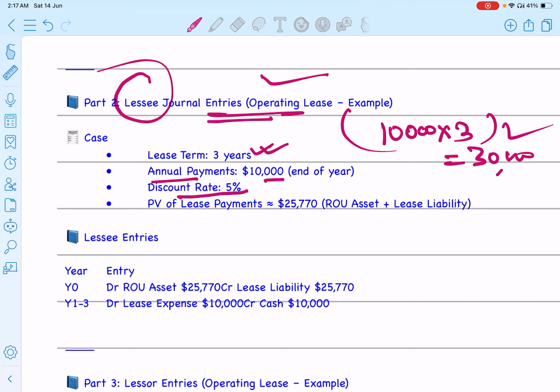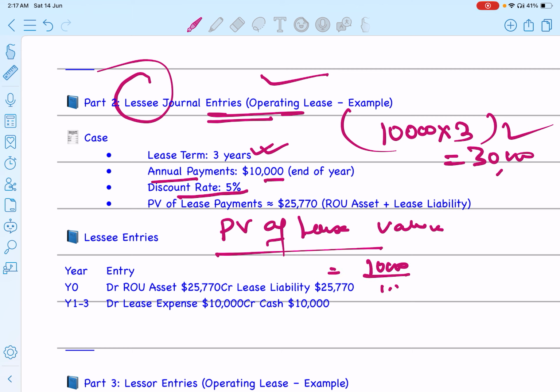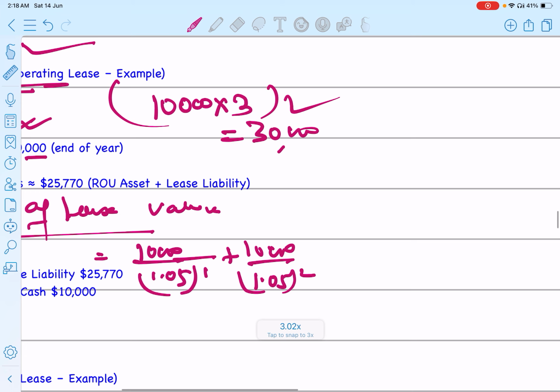But we need to calculate the present value of the lease payments. So how are we going to calculate? We need to do 10,000 divided by 1.05 plus 10,000 divided by 1.05 power 2 plus 10,000 divided by 1.05 power 3.